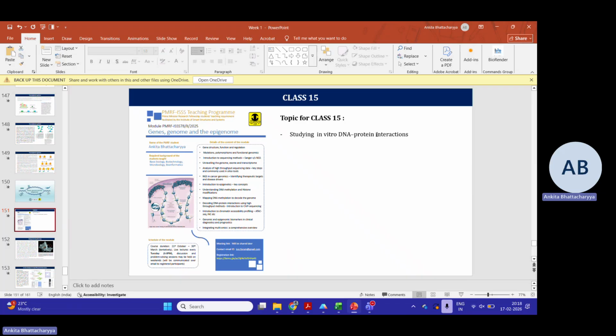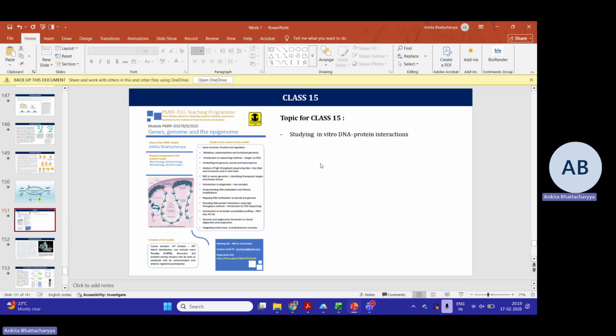Then we'll also look at a variation of IP or immunoprecipitation, which is either DNA dependent or independent, and what can be done in those circumstances, and how this is converted into a high throughput method, by introduction to ChIP sequencing, which I'll also cover in the next class.